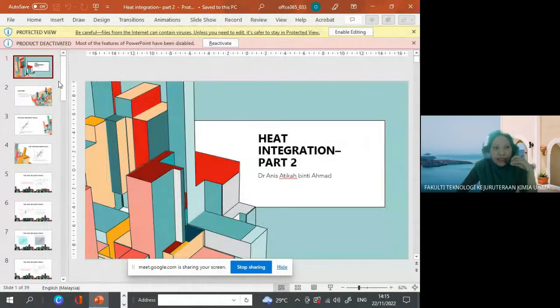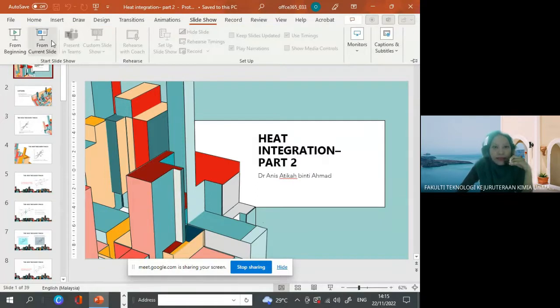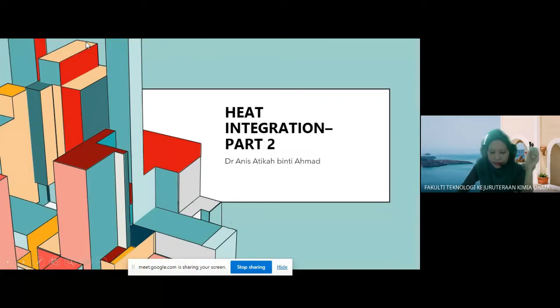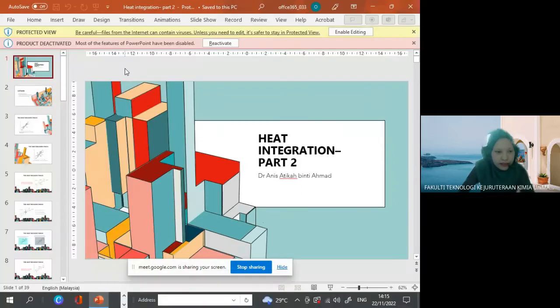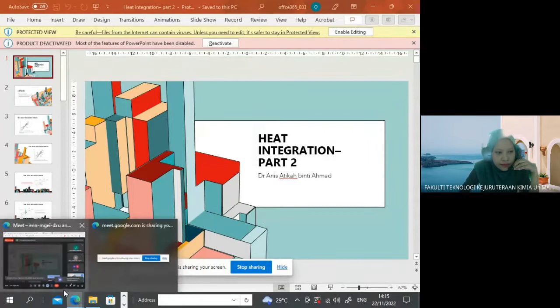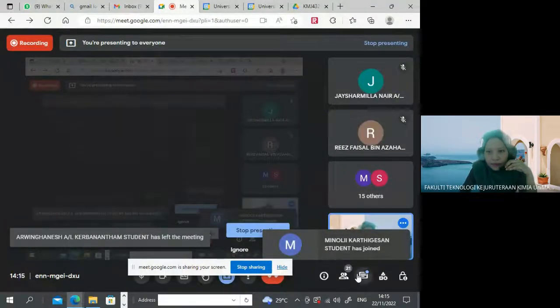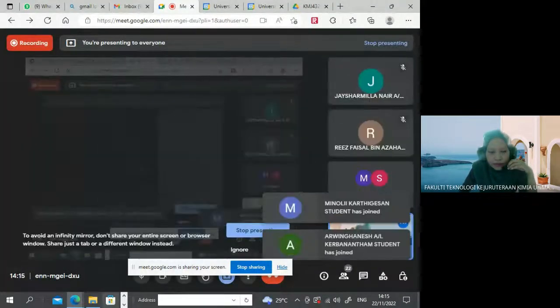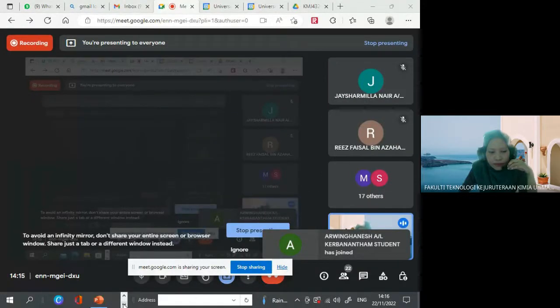Right. So last week we learned on composite curve and problem table algorithm, right? So what is the significance of both problem table algorithm and composite curve? What is the importance? It provides you the value of what?